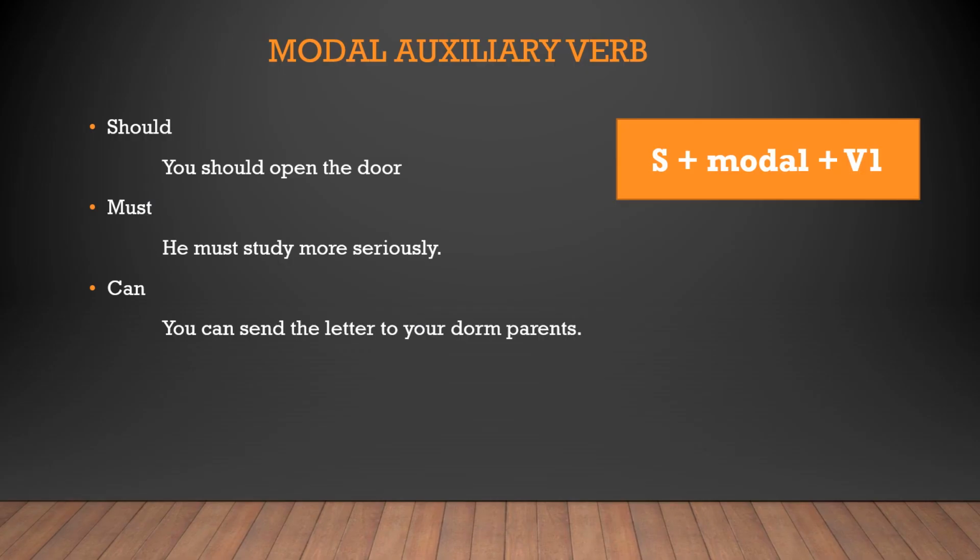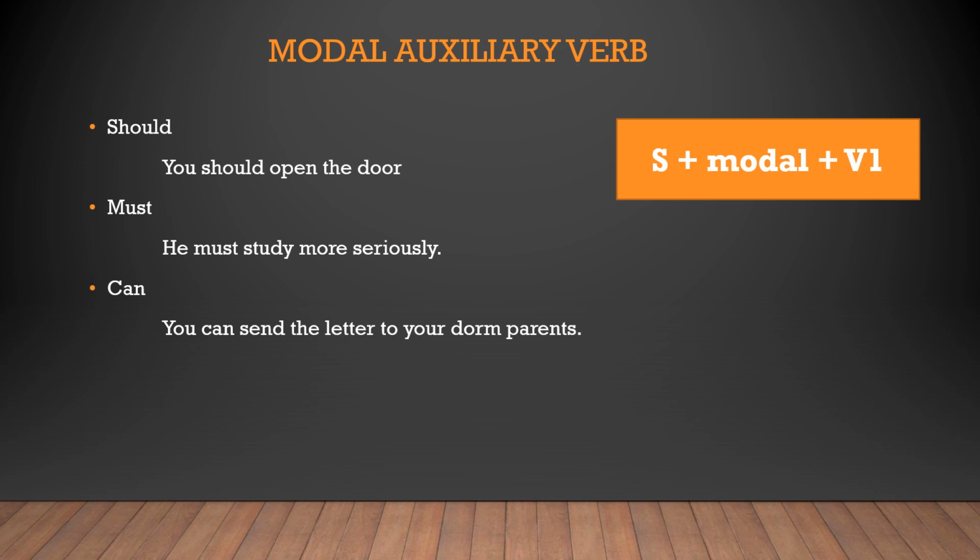In this video, I will not discuss the function of each modal auxiliary verb. However, we would like to focus more on how we can construct grammatically correct sentences. Alright, I would like to ask you to focus on the box. We have the formula of modal auxiliary verb, which is subject plus modal auxiliary verb plus verb 1.